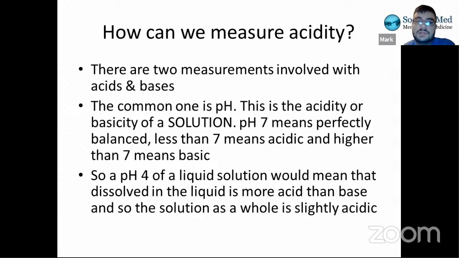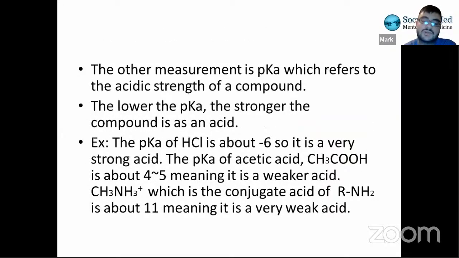What pH 4 means is that there's a lot of H plus, more so than there is OH minus, because this uses the Arrhenius definition. So pH and pOH always together make 14. If you have a pH of 4, you have a lot more H than you have OH, essentially.